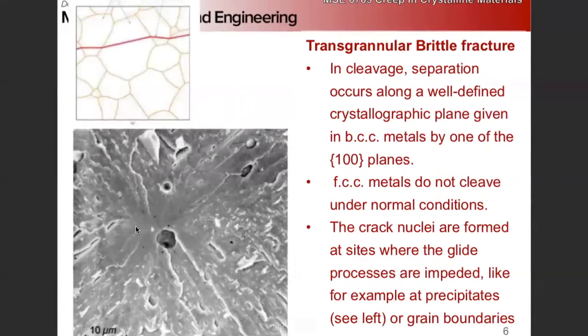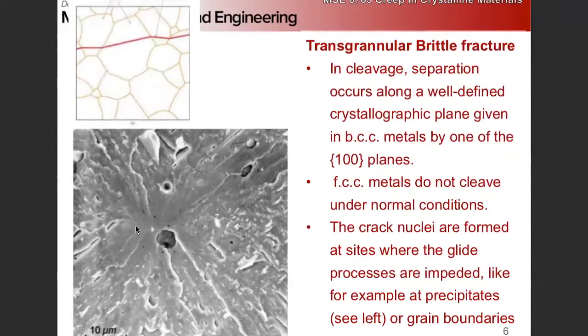For brittle failure in metals, we have two different modes. We can either have transgranular, where the crack path goes through grains, or intergranular, where the crack path follows grain boundaries. Transgranular or cleavage failure tends to occur along well-defined crystallographic planes.